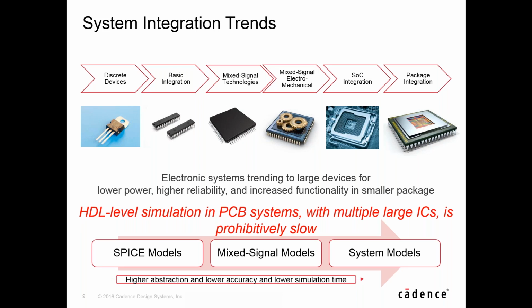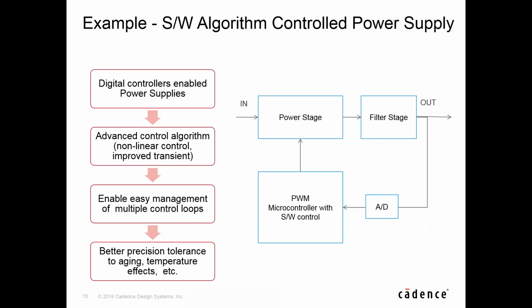So there can still be SPICE models for discrete components, but there can also be all the way up to system models that may model a large IC or a bunch of ICs collectively. And there's different levels of models in between. So you go to a higher level of abstraction to increase the simulation speed. You may lose a little bit of accuracy all the way down to the transistor level inside the IC, but at a system level, that's not very relevant.